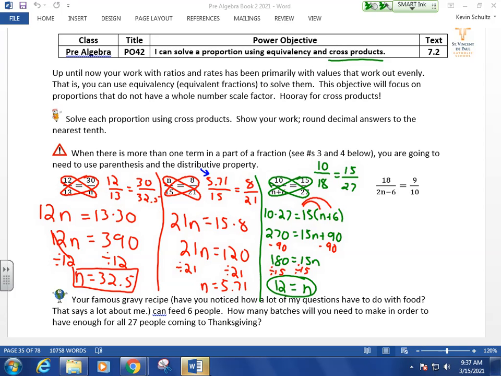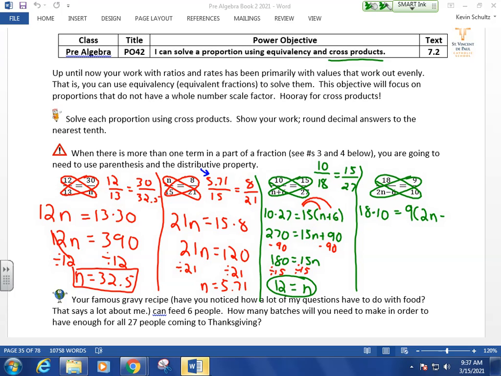Last one, same kind of deal as what we just did here. We've got extra stuff with that n variable. So cross products is still our go-to method. 18 times 10. And when we multiply that 2n minus 6 by 9, because there's that extra stuff with n, we've got to add parentheses.